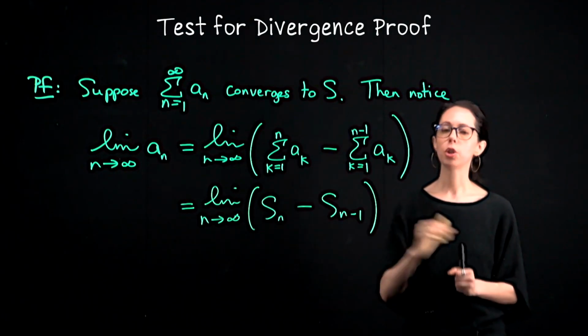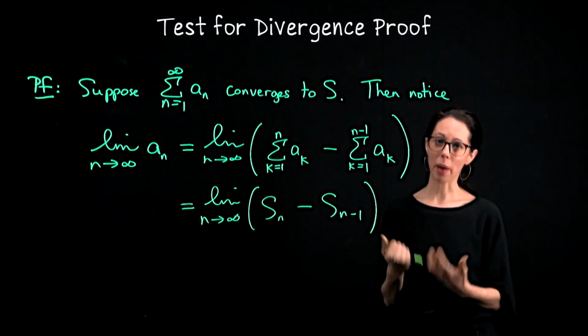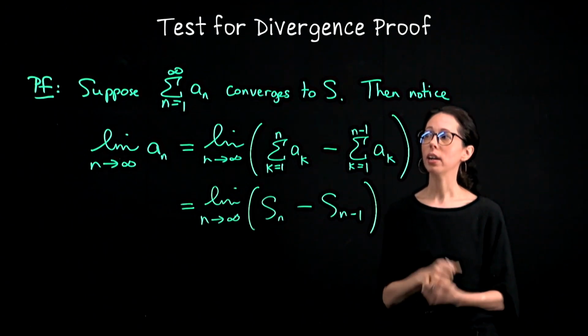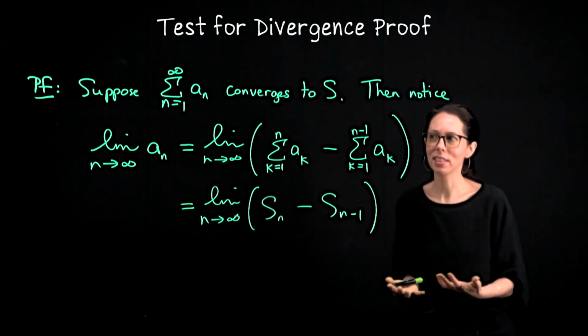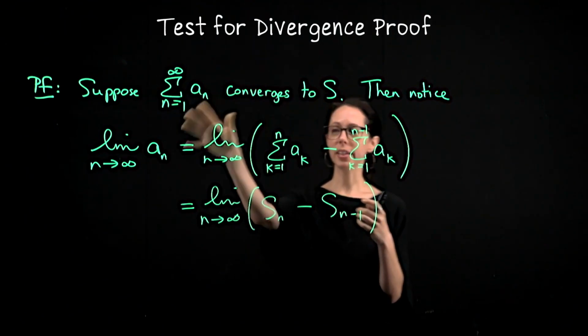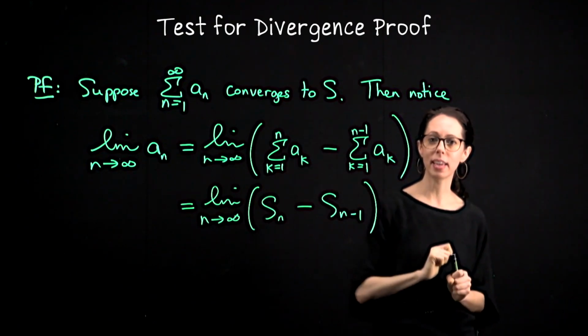Okay, so two partial sums. The thing is that we have a very, very powerful hypothesis here. We are imagining from the start that we are looking at a convergent series. So we know a lot about how this series behaves. In particular, I know that my partial sums tend to s as n goes to infinity.